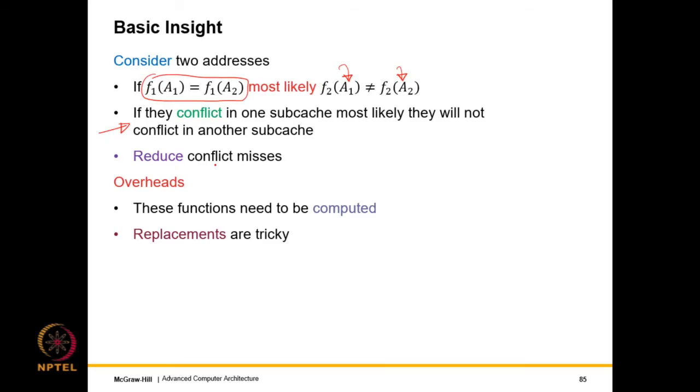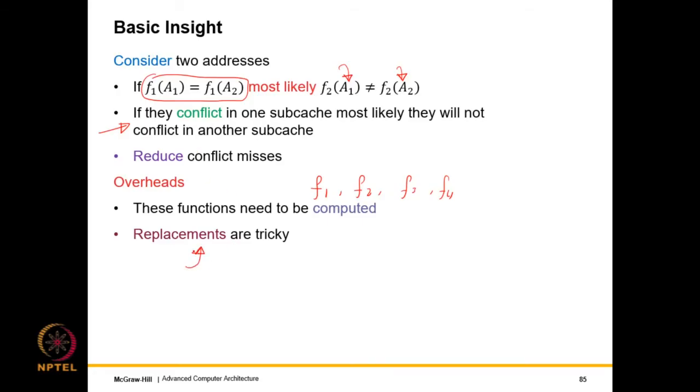It is essentially a hardware wrapper over what is fundamentally a data structure concept. The key important question is that we need to compute these functions f1, f2, f3 and f4 such that this property holds: if there is a collision in one subcache, we can go somewhere else. All right.